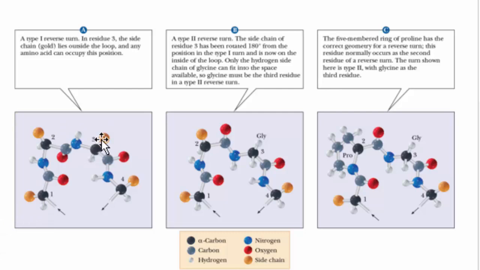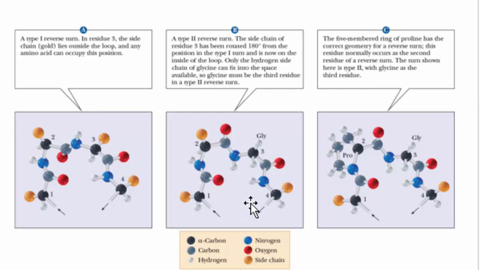Now the side chain, this golden ball represents the R group. Now the R group is outside the loop. So because of that, any amino acid can be in position number 3 in type 1 reverse turn.